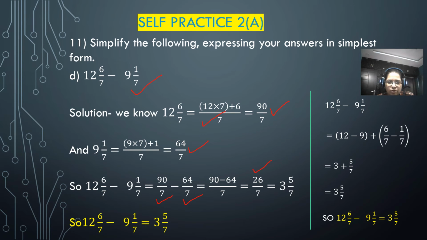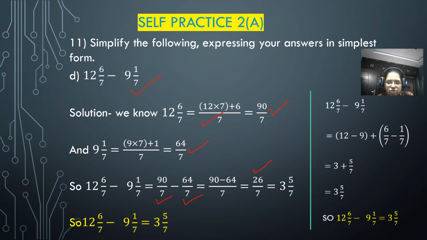Now we have to convert this improper fraction into a mixed fraction. Just divide 26 by the divisor 7. We know 26 is 7 multiplied by 3 plus 5. 7 is the divisor, 3 is the quotient, and 5 is the remainder.